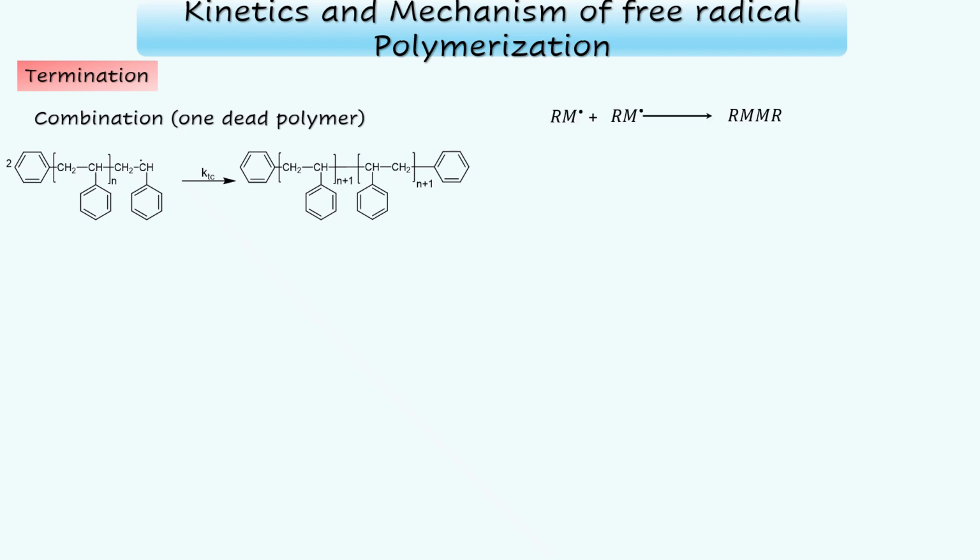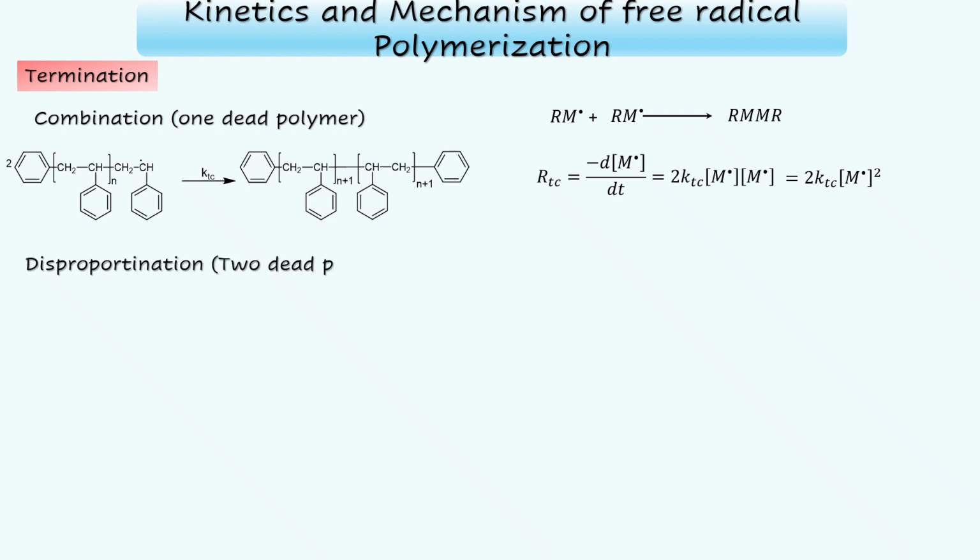The rate expression for termination by combination is represented by the termination by combination rate constant Ktc multiplied by the square of the concentration of the radical, and a factor of 2 accounts for the fact that each termination event eliminates two radicals.